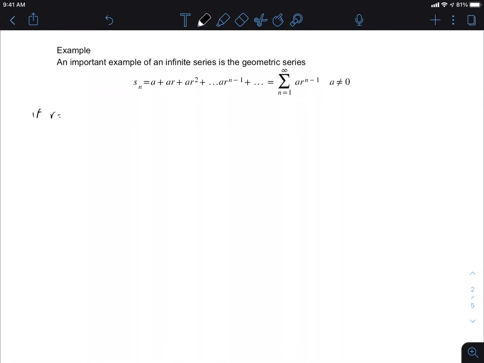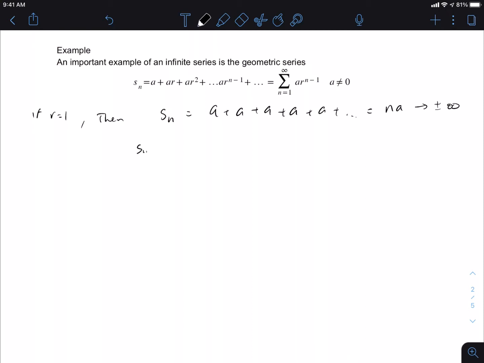So if r is equal to 1, then our S sub n would be equal to A plus A plus A plus A plus A, a bunch of them, right? Depending on how many terms we have, in this case n, it would just be n times A, right? But if n goes to infinity, then this answer is going to go to plus or minus infinity, correct?